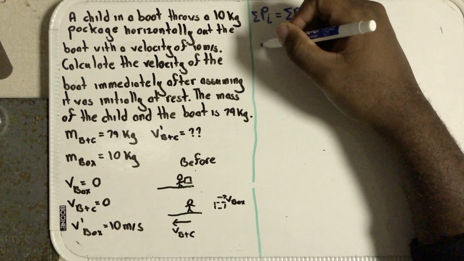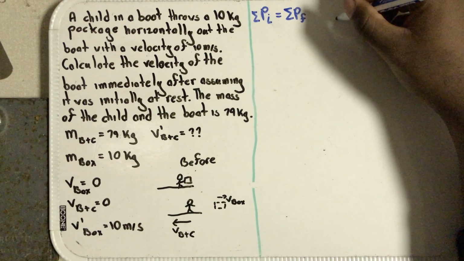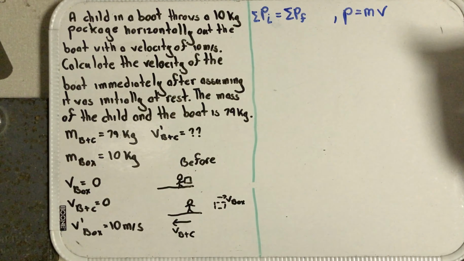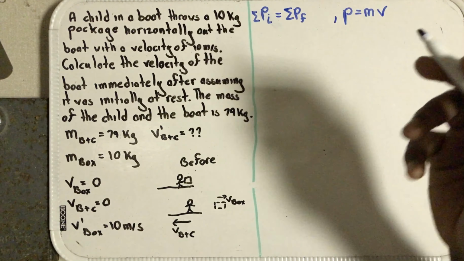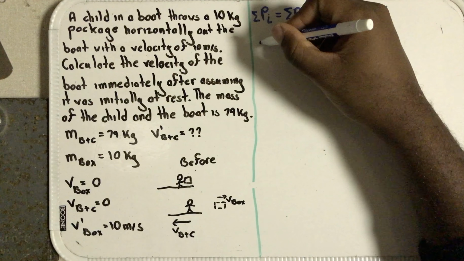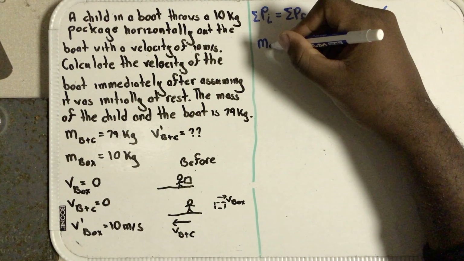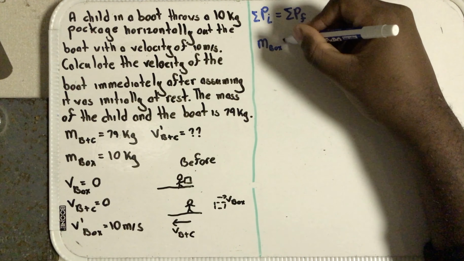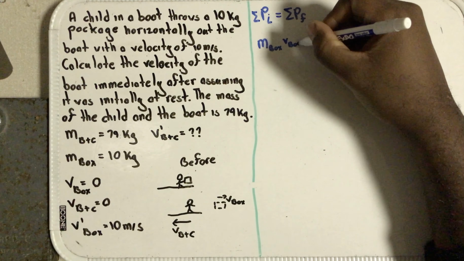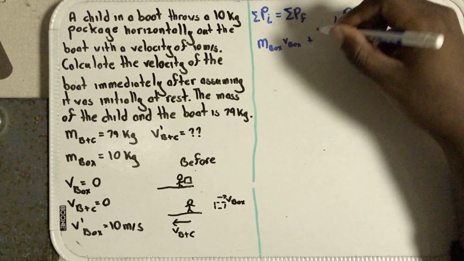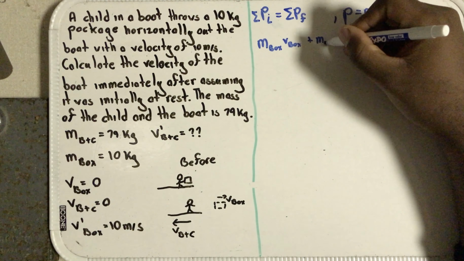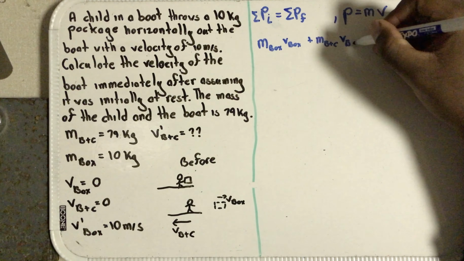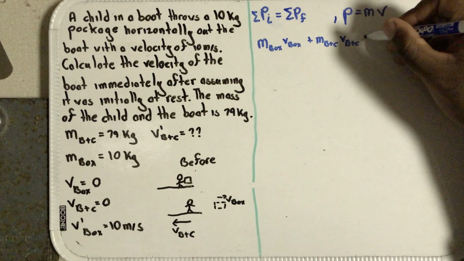So here, how many objects do I have? And momentum is defined as the mass of an object times its velocity. So I have 2 objects at the beginning. I have the mass of the box times the initial velocity of the box, plus the mass of the boat plus the child times the initial velocity of the boat plus the child.